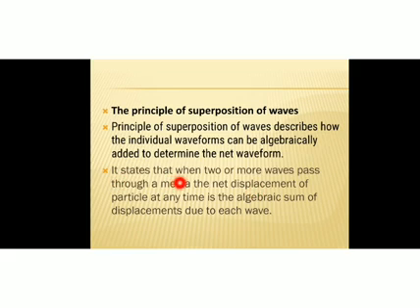The principle of superposition of waves states that when two or more waves pass through a medium, the net displacement of a particle at any instant is the algebraic sum of the displacements due to each wave. So this is the principle of superposition of waves.